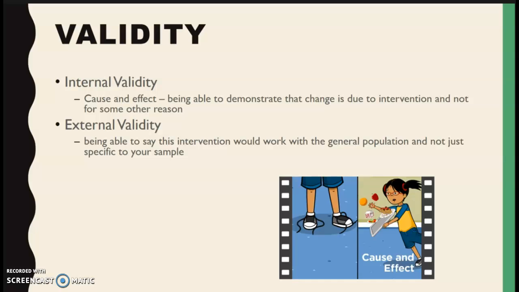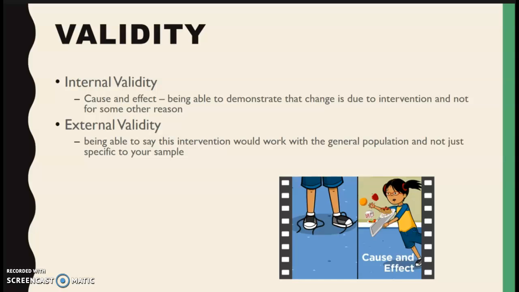So there's two types of validity that we can talk about. We can talk about internal validity, which is cause and effect, right? Are we able to say with confidence that the changes we observed in our participants are because of the intervention that we provided? Okay, so that's internal validity. External validity is when we talk about, would this work with other folks, right?